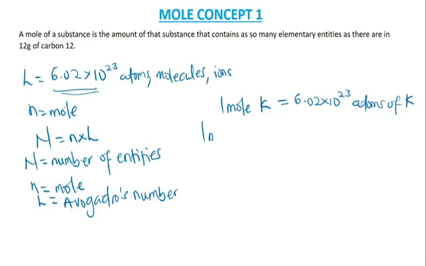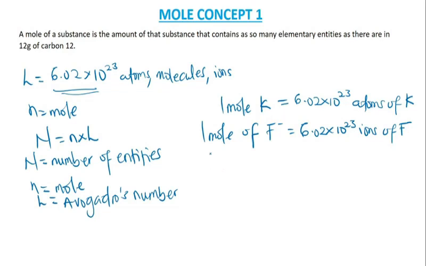If we say 1 mole of fluoride ion, what we mean by this is we have 6.02 times 10 raised to the power 23 ions of fluorine.